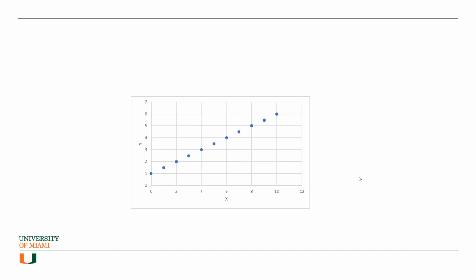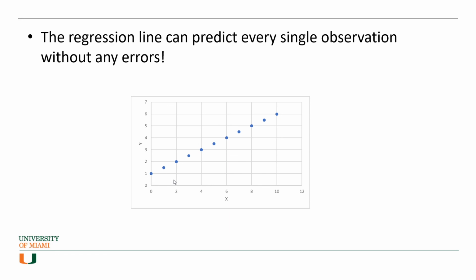Now, in the other extreme case where every observation's outcome could be precisely determined by the feature, meaning that you could run a line that goes through every single point, then the sum of the squared errors would be equal to 0 because there is no error.